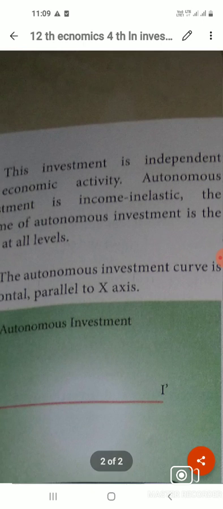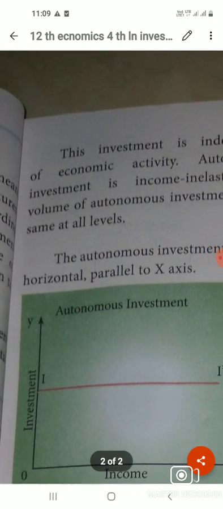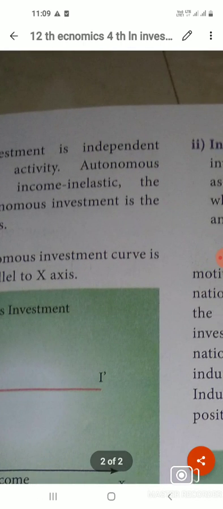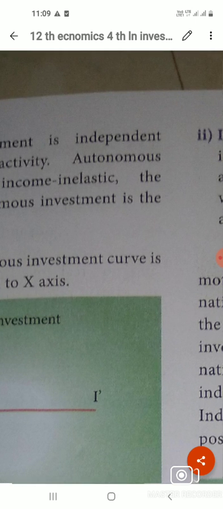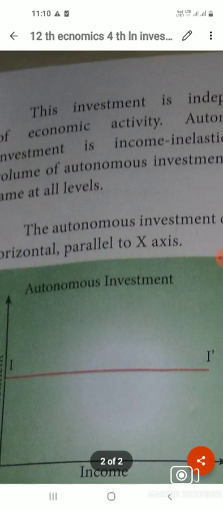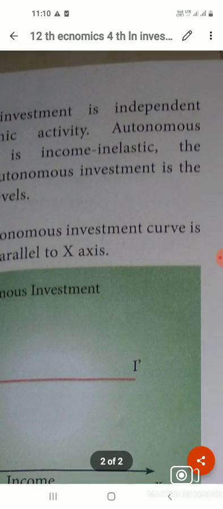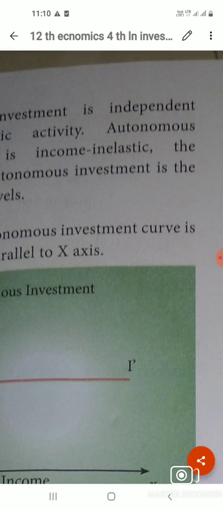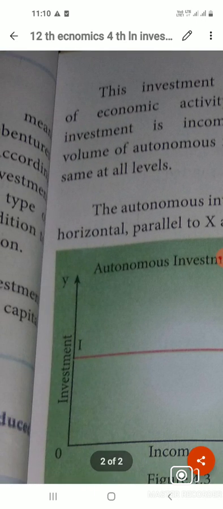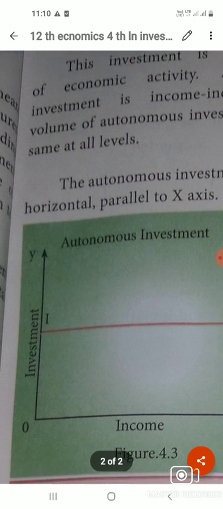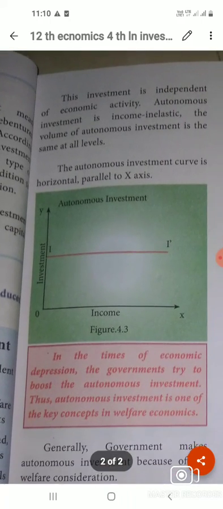The investment is independent of economic activity, you know very well. Now the investment diagram.